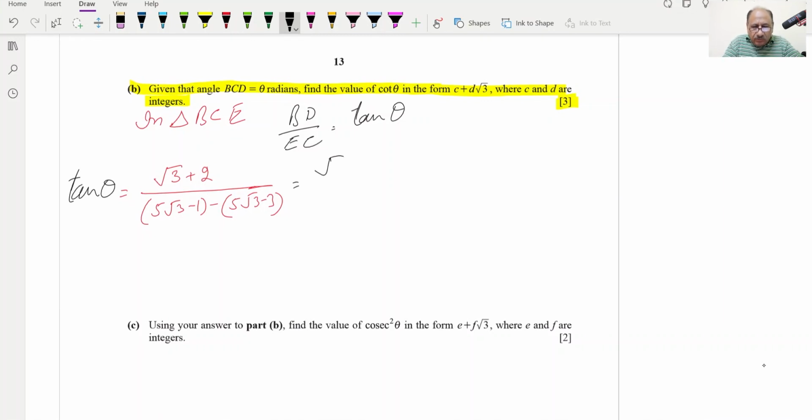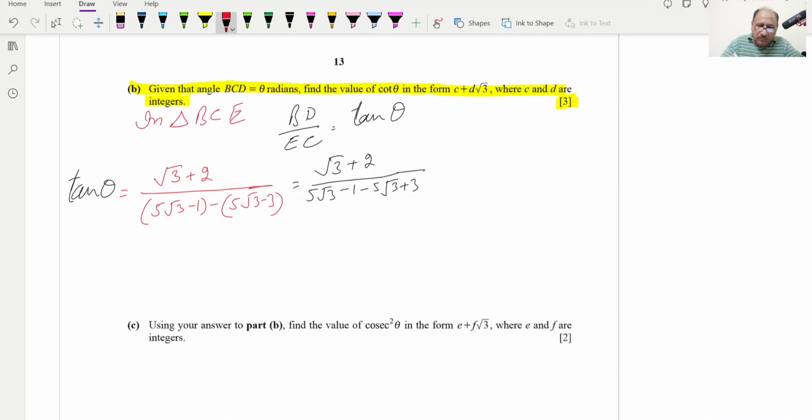This will be equal to root 3 plus 2, numerator as it is, and denominator we can open, and this will be 5 root 3 minus 1 plus 5, and minus 5 root 3, not plus, it should be minus 5 root 3 and plus 3.